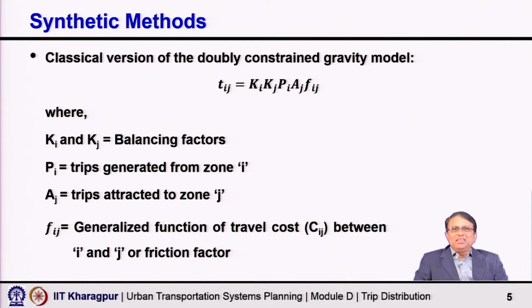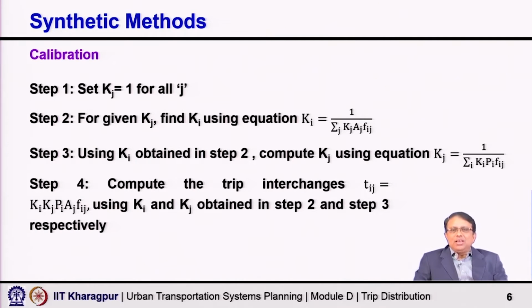Fij is the friction factor, or we can call it a generalized function of travel cost. How do we get this Fij value? It can come in many ways. One possible way is to take it as a function of Cij, the generalized cost of travel.